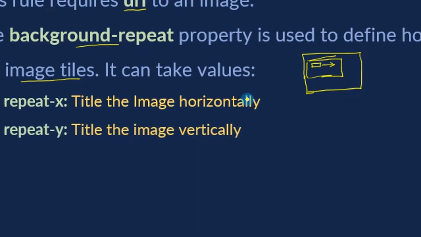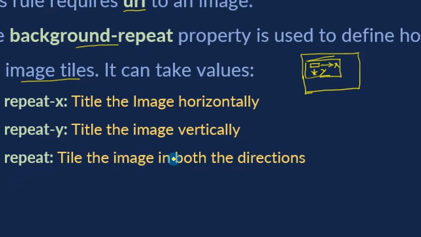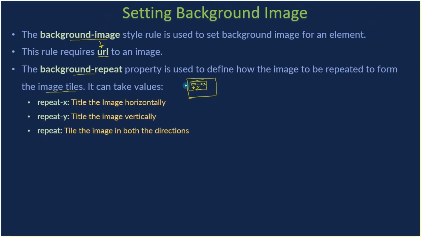Similarly, if you specify repeat-y, it will be copied vertically. And if you say just repeat, the image will be repeated in both directions.